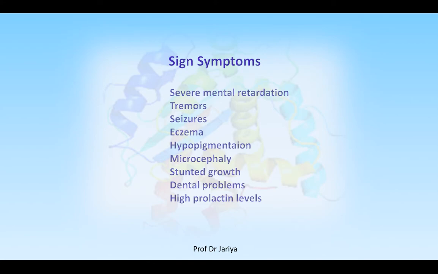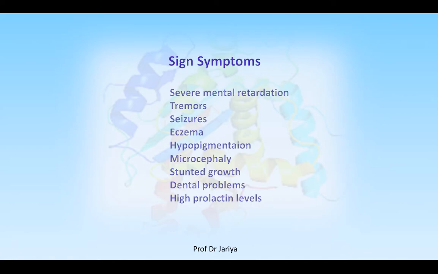These are caused by the accumulation of phenylalanine 30 to 50 times the normal and due to production of phenylalanine metabolites like phenyl pyruvate, phenyl lactate, and phenyl acetate, all of which are associated with the observed neurological and dental problems.